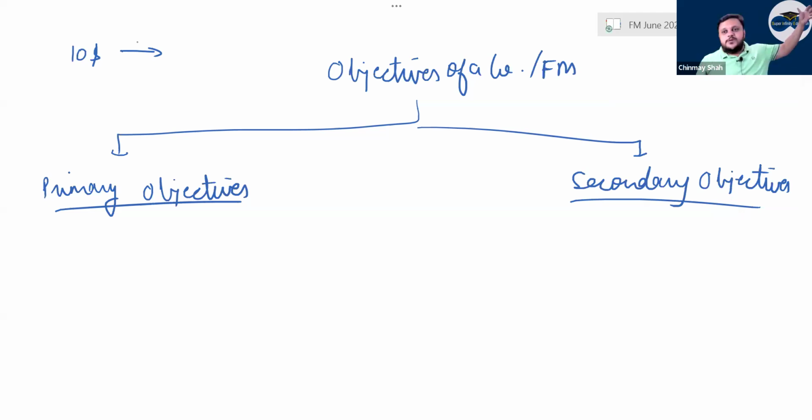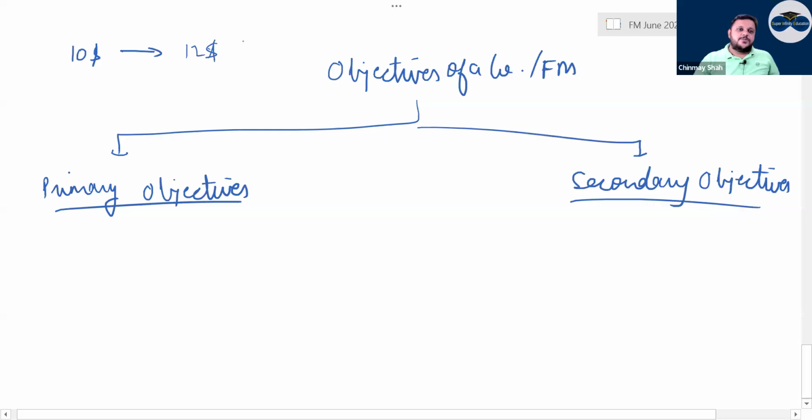The equity shareholders are going to invest money into your business. They invest $10. Are they getting $12, $15, or $20 back? If they are investing some wealth in your business, are you able to maximize the wealth of the shareholder? The simple basic funda of finance.